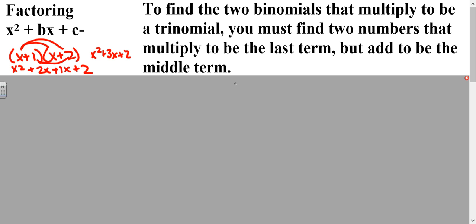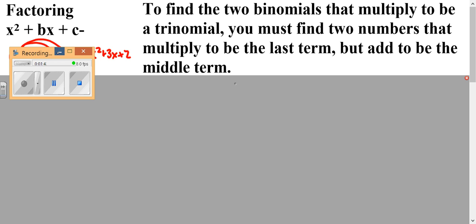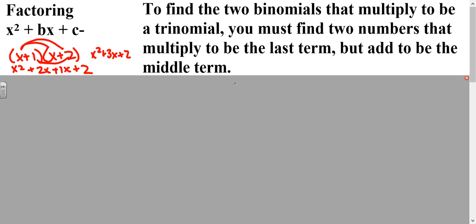We just look and see that these numbers have to multiply to be the last number, but they have to add to be the middle number. So we're finding two numbers that multiply to be the last term, and they add to be the middle term, just like we have here. 1 and 2 multiply to be 2, and 1 and 2 add to be 3, because that's what we get when we're multiplying it out here.